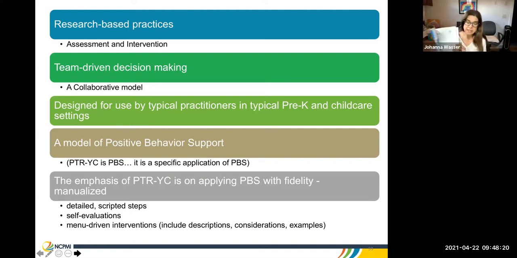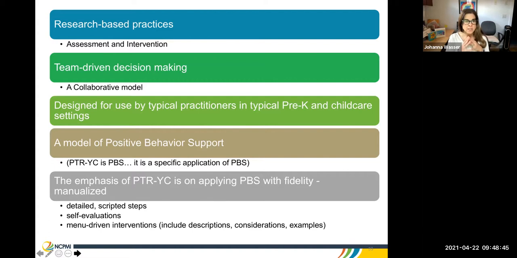And the appendix is related to an intervention menu. For every intervention that's mentioned in this manual, you have the references of where the research comes from, why this is a successful intervention.